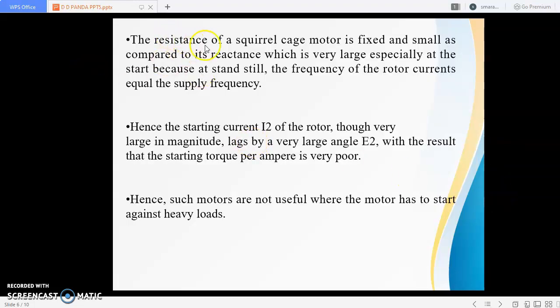Now, the resistance of a squirrel cage motor is fixed and small as compared to its reactance, which is very large, especially at the starting time, because at standstill the frequency of the rotor current equals the supply frequency.